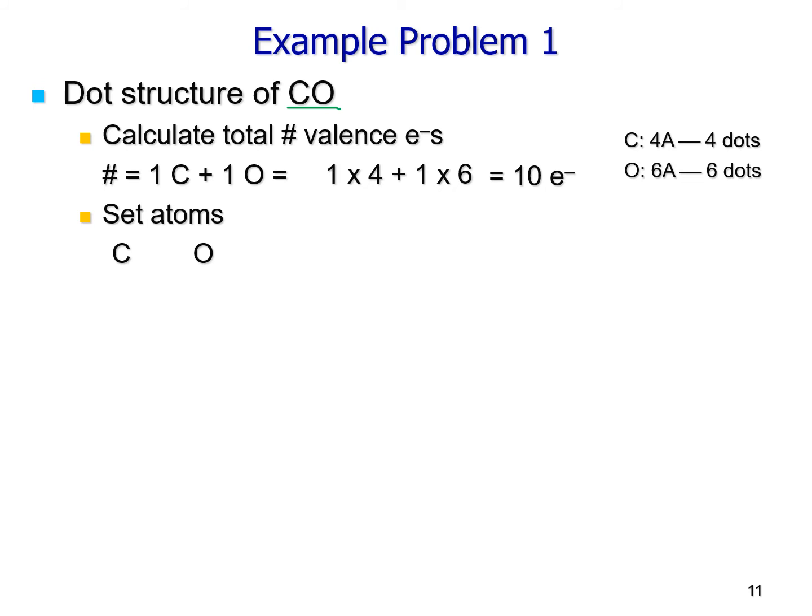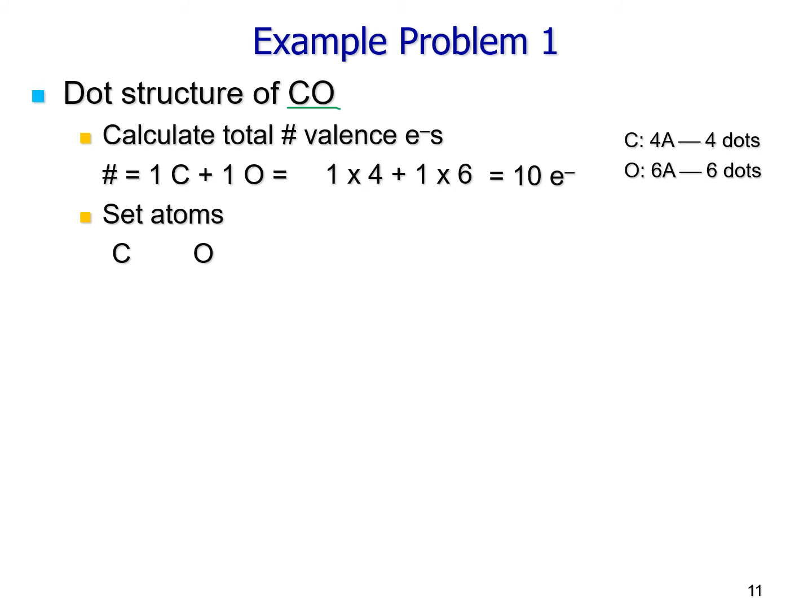Now remember, in the period from left to right, electronegativity increases. So at the end of the formula is the element with the greatest electronegativity. This is how we write the formula.